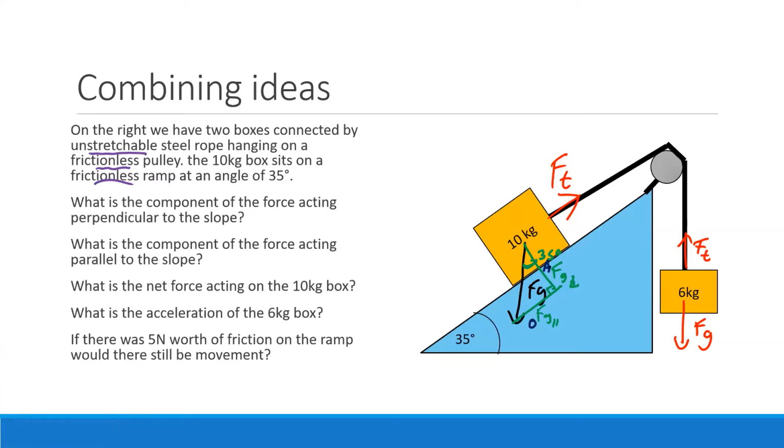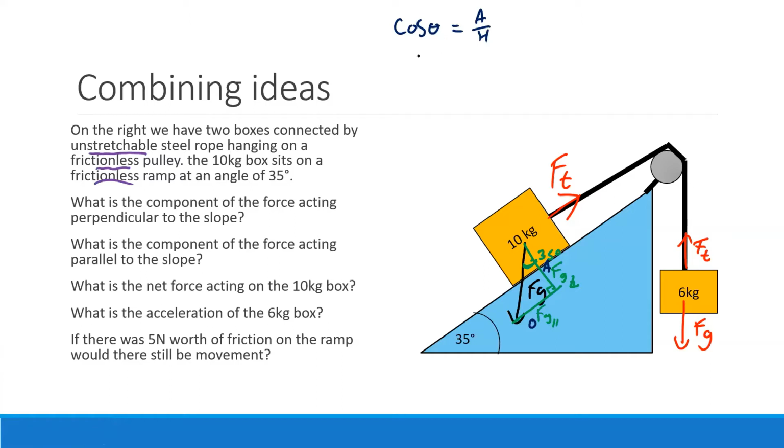So if I want to calculate this adjacent side, let's do some maths up here. Let's go with the adjacent side. That's going to be cosine theta. Cosine theta equals adjacent over hypotenuse. In this case, our hypotenuse is Fg.